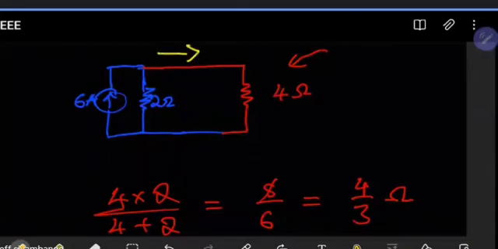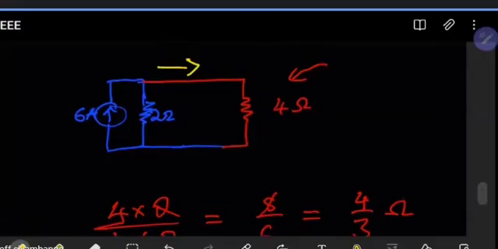So doing this is actually fine. So I want to find the current. I'll label this as Ix, which will be the current passing through the 1 ohm. We know that since these are in parallel, we can easily use current division. So by current division, Ix will be equal to, do you guys remember current division?